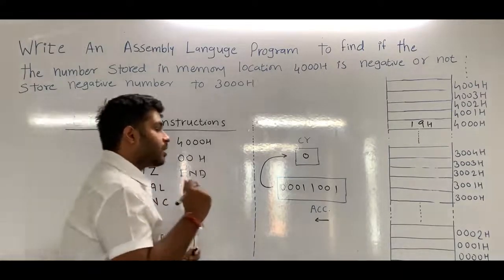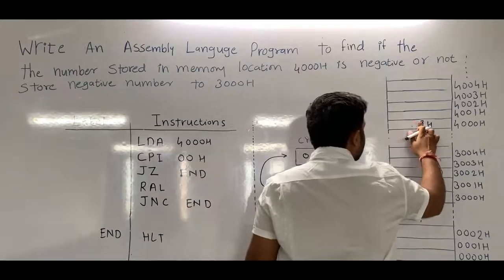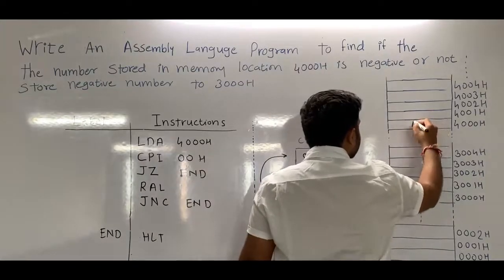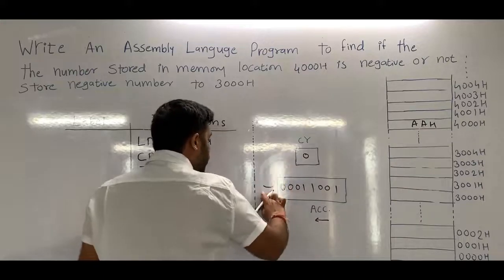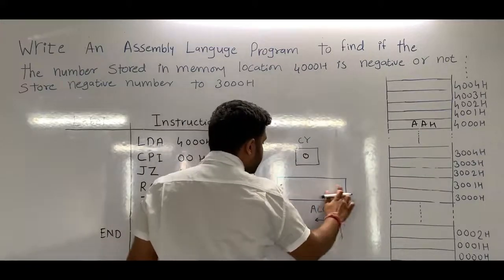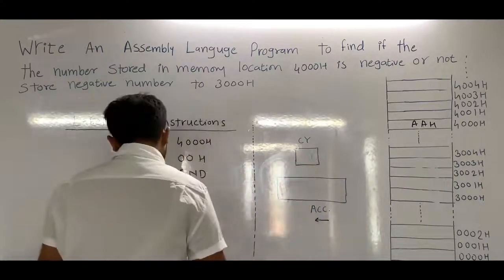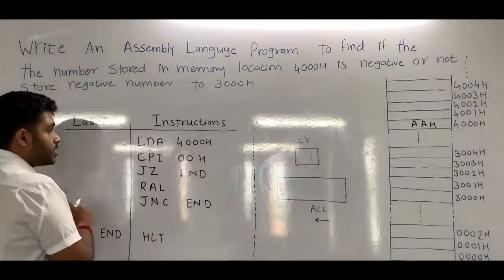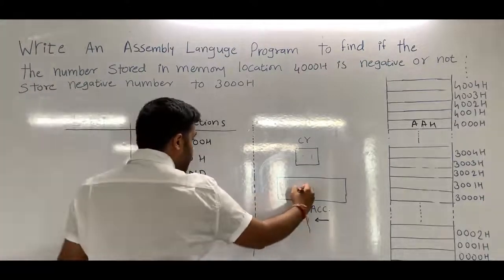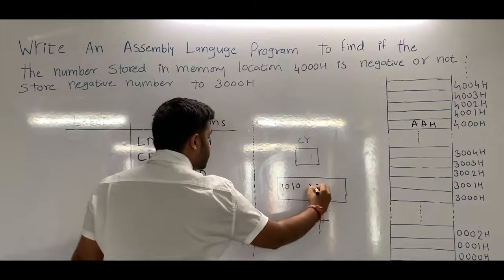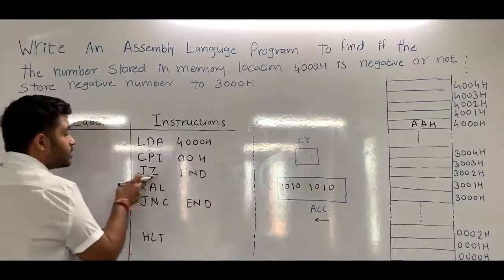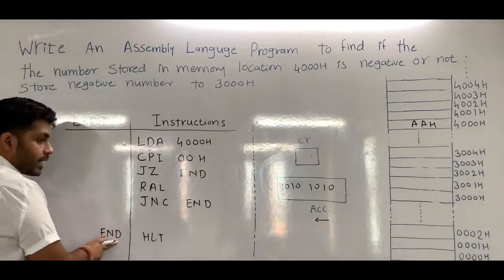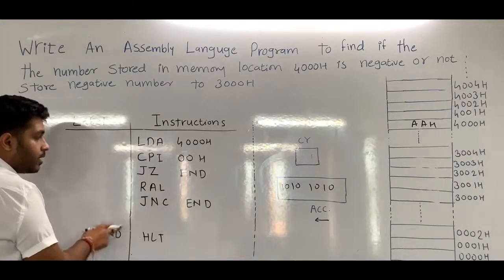Now let's see the third case. Suppose the number stored is negative, AAH. Let's see the whole program from the beginning. So LDA 4000H, this data will be moved to the accumulator. Let's represent it in binary. After that CPI 00H, if we compare, the zero flag will not be set, so we will not jump to end.